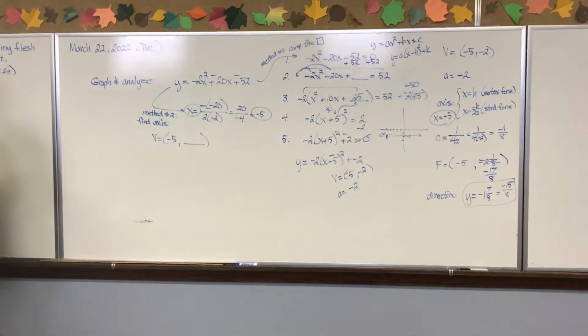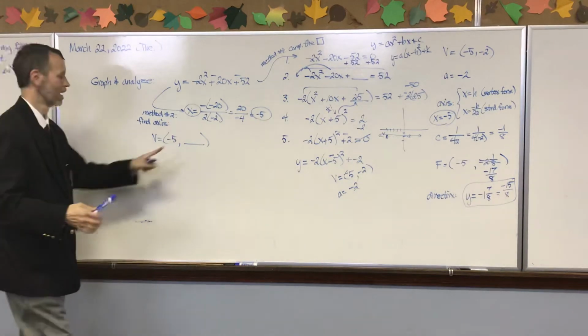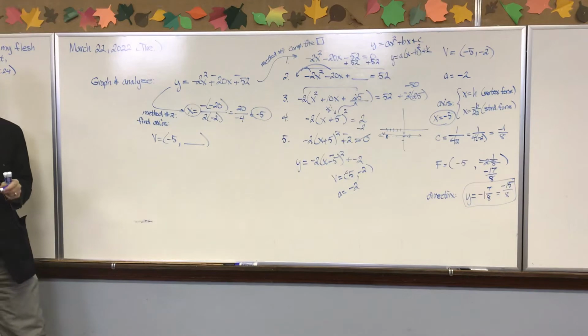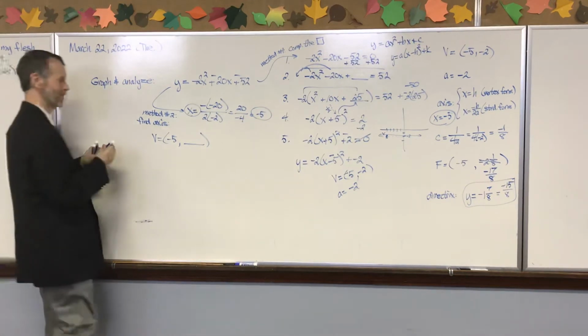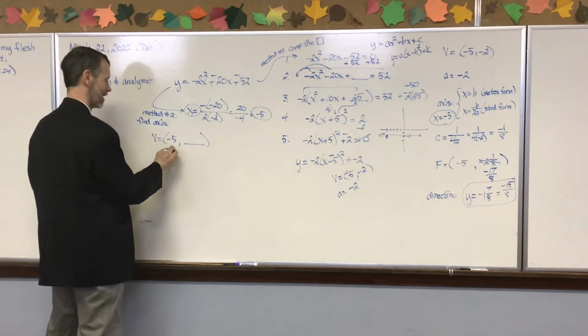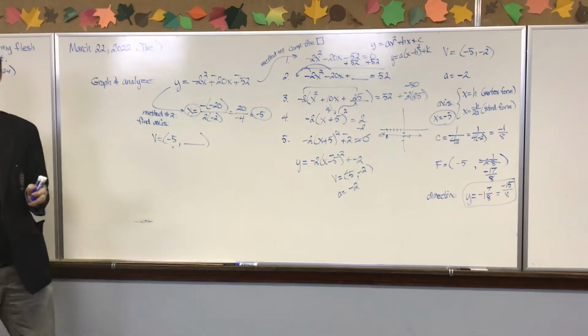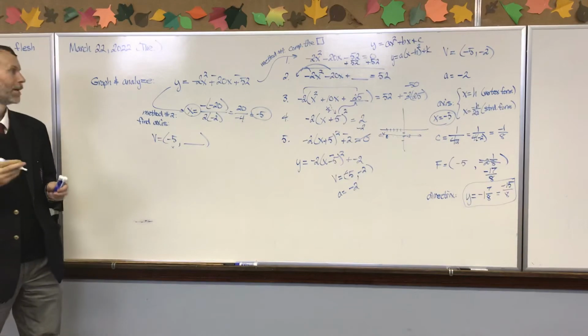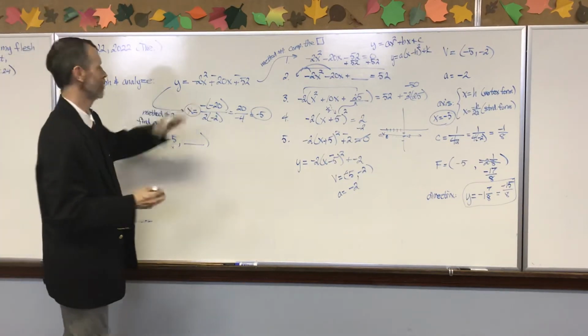How do you find the something, Austin? I've got the x value. How do you get the y? Oh, we input the x. Right, plug it into the original equation.